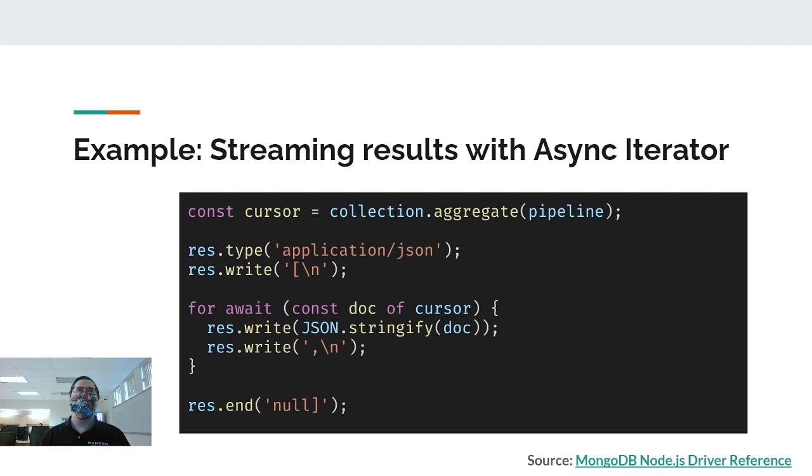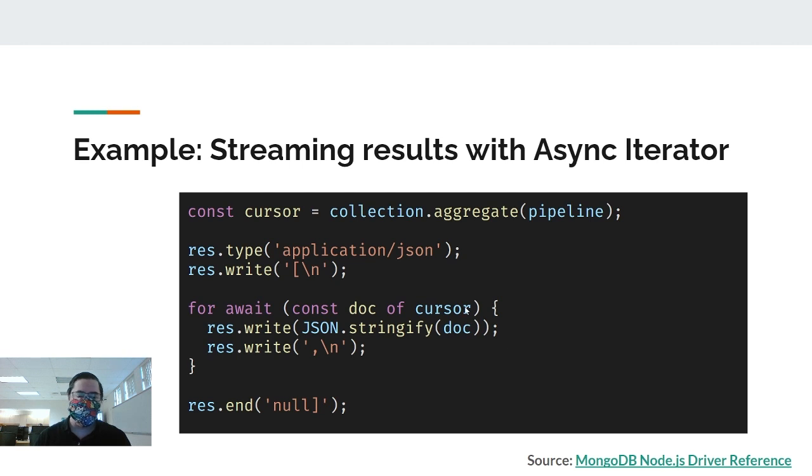Remember we talked about the for each loop in JavaScript, and it's for of, right? Remember that? Yeah. So what makes this different is this word await here. For await.